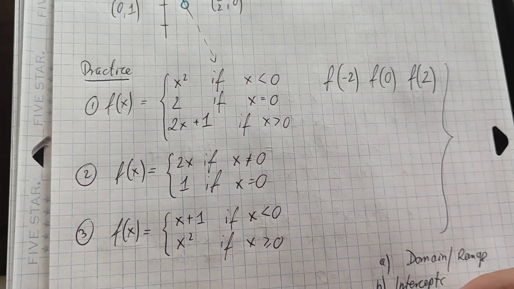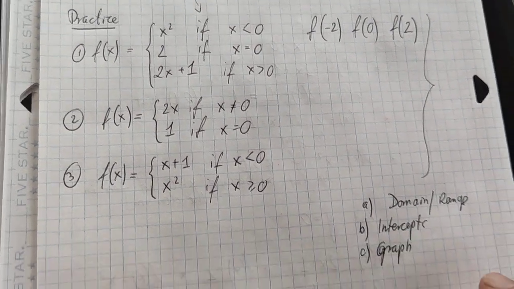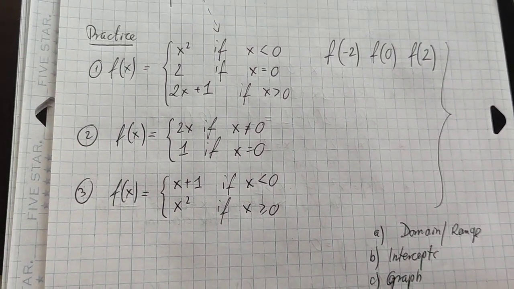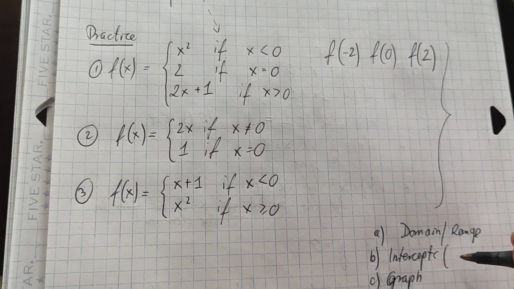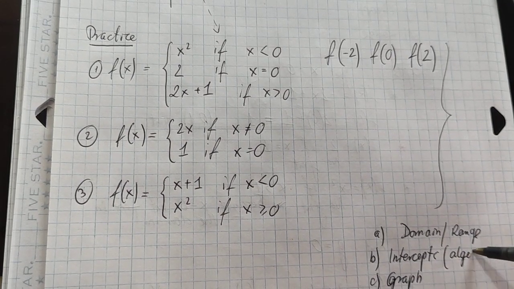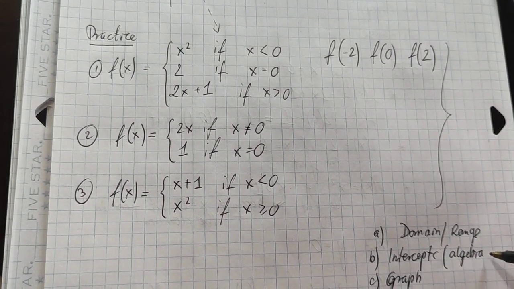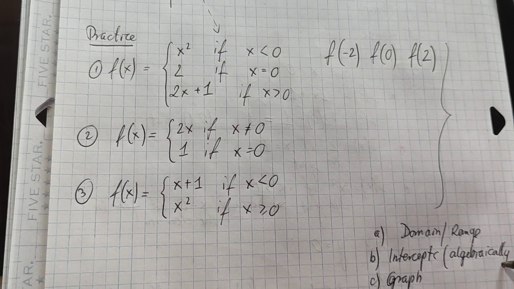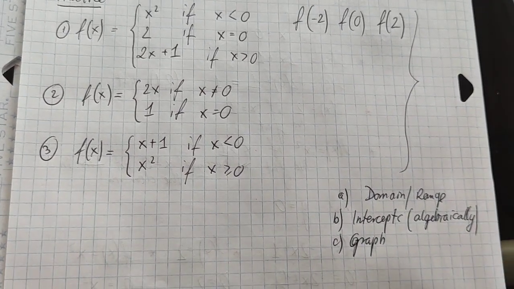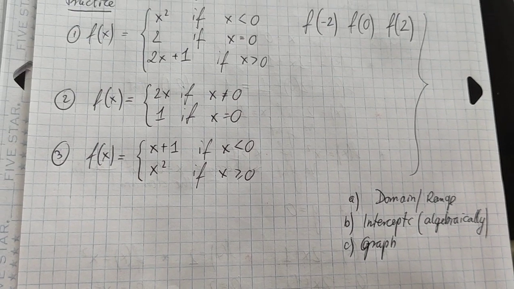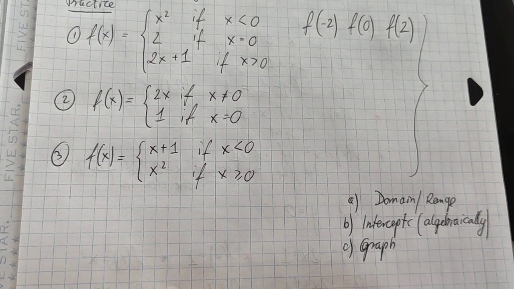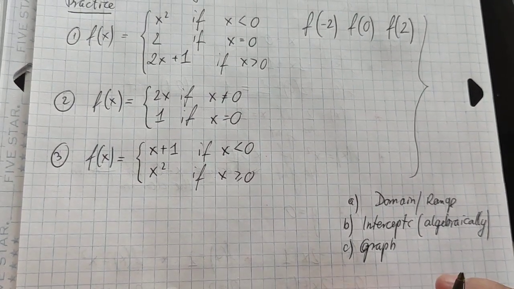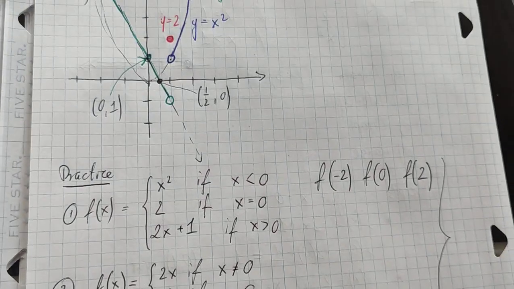You don't need to start with domain, right? You can start with graph and see what is happening, but I want you to figure it out algebraically. Okay, so just getting the intercepts from the graph is not good enough. Okay, yeah, range for this one.